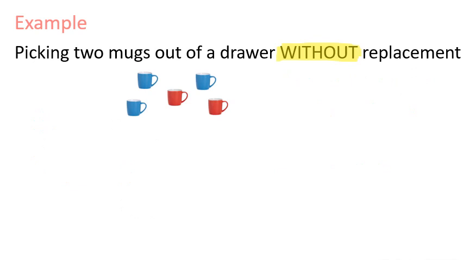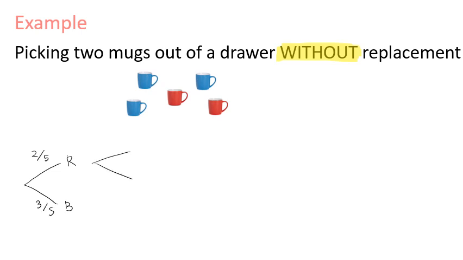Okay, let's have a go with this. Picking two mugs out of a drawer without replacement. So once you pick one, you don't put it back in. Okay, so the first mug, we can either get a red or a blue. The probability of a red is 2 out of 5 and a blue 3 out of 5.